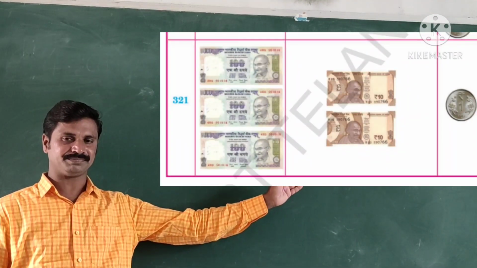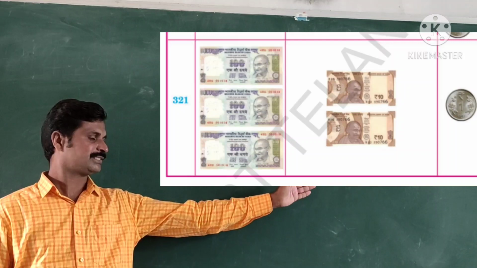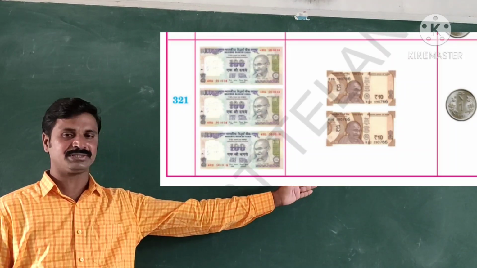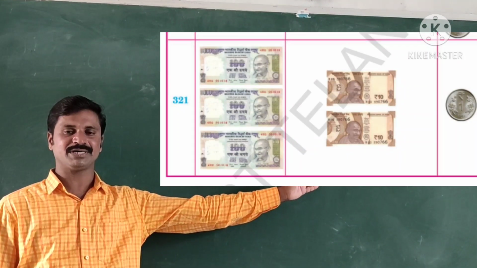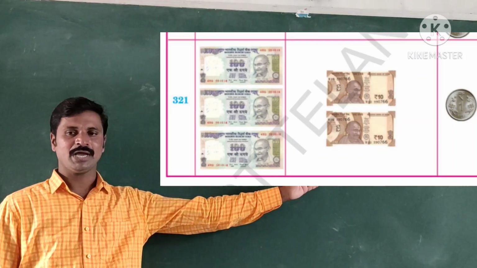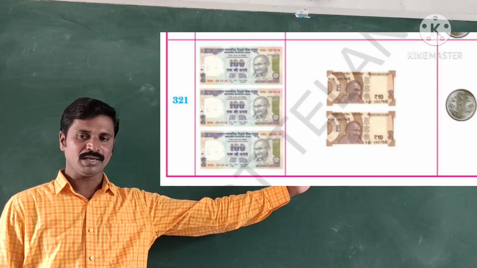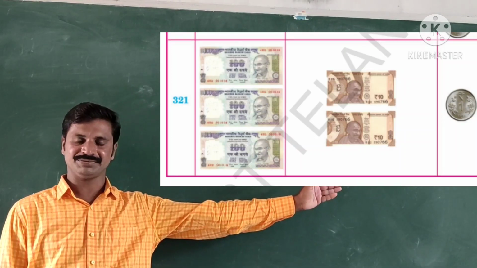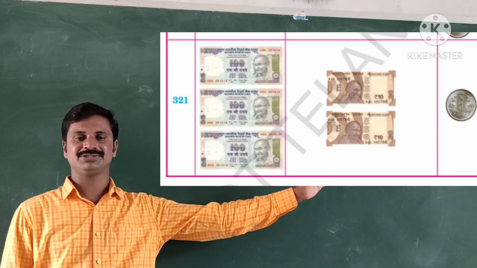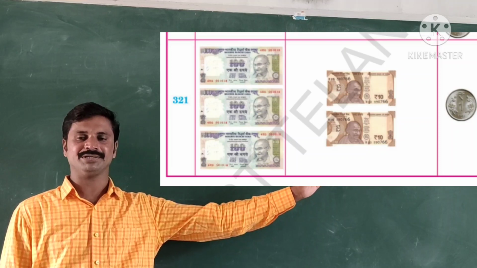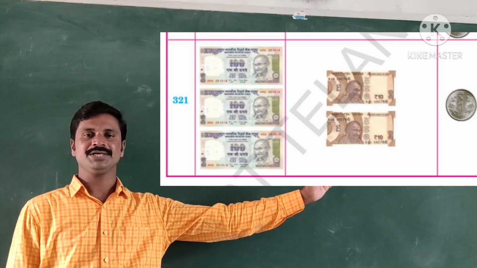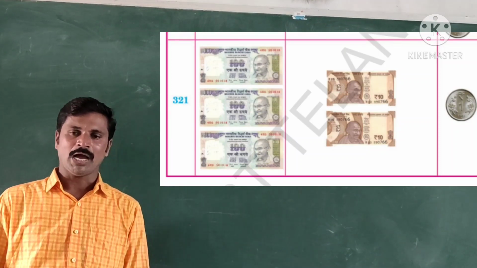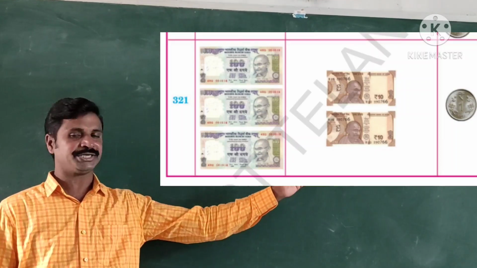Now let us see another picture. Here is another picture, and here also notes and coins are given. How many notes are here in the second case? Very good. There are 3 notes, 300 given. How many tens are given here?